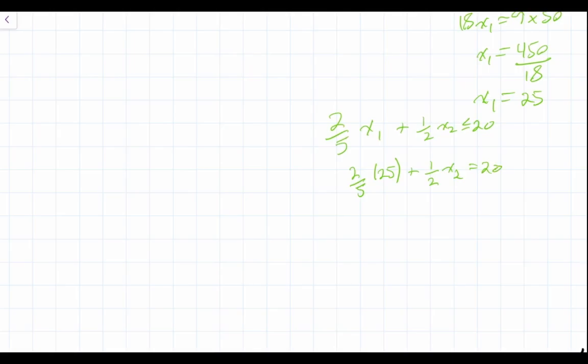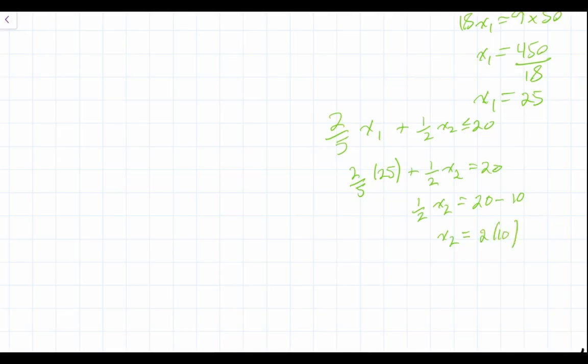Well, 2/5 times 25 is equal to 10. So 1/2 x2 is equal to 20 minus 10. So then x2 is equal to 2 times 10.